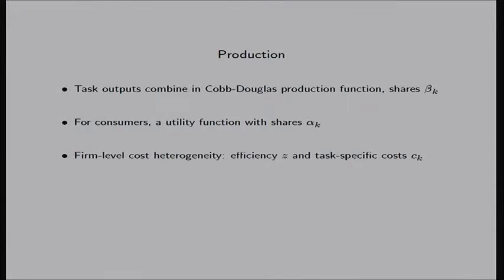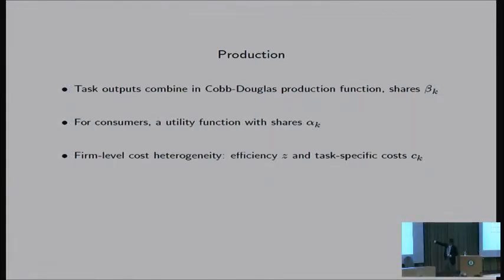Okay, production. For production, you're just combining the output of these tasks in a Cobb-Douglas production function with shares beta k. Or in a household, you're doing the same thing with shares alpha k. So it's very symmetric there.